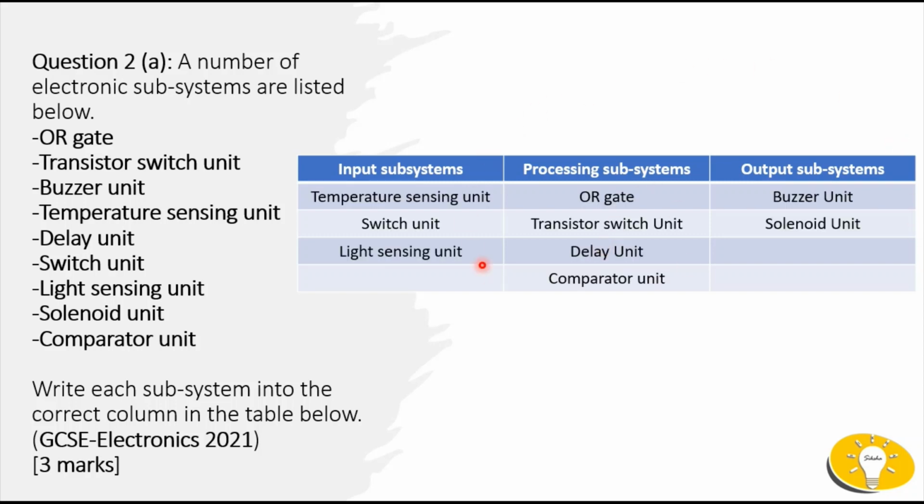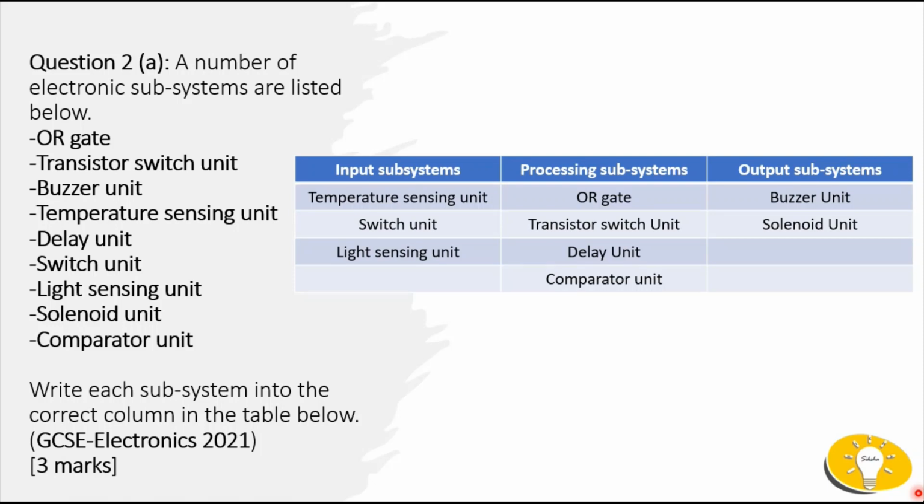I have already done it for you. The OR gate is a processing subsystem. The transistor switching unit is again a processing subsystem.